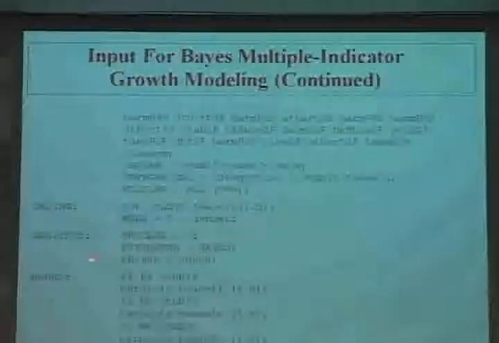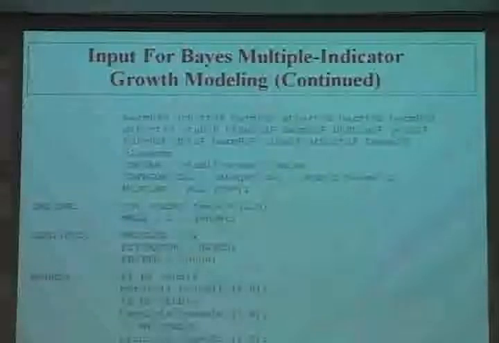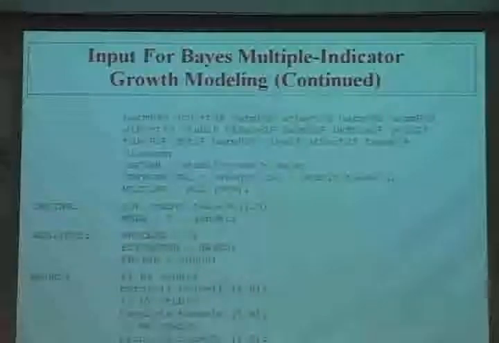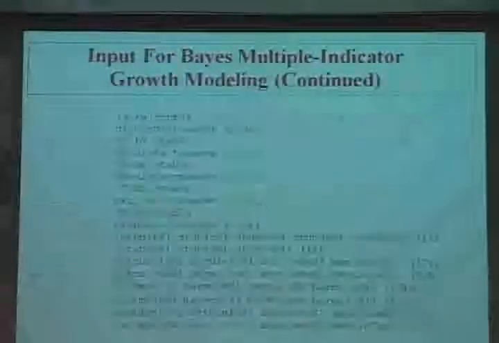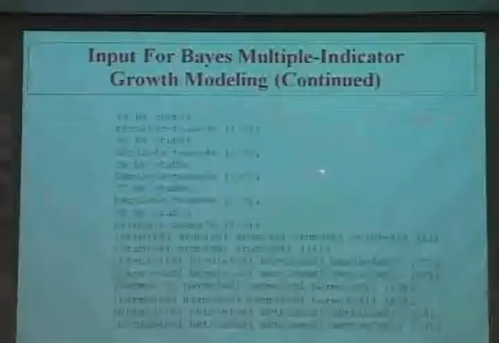This fbiter command specifies the number of iterations you're going to run. Here is the measurement model at time point 1, at time point 2. We hold all these loadings equal across time points. In Mplus language, all this means that you're giving names to these 8 loading parameters.